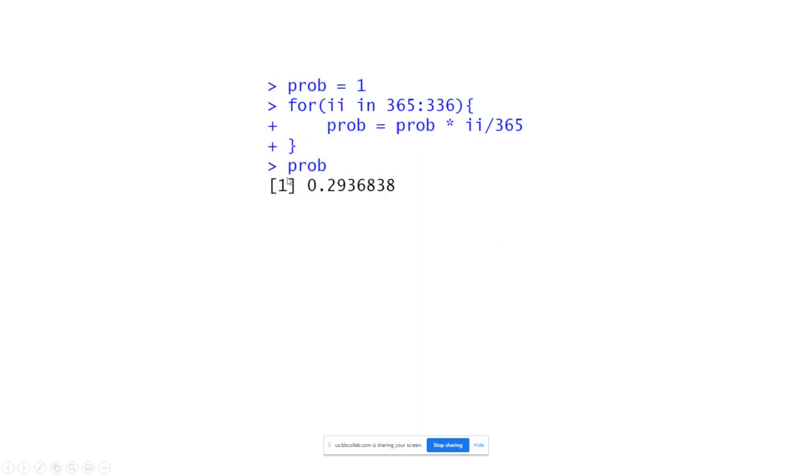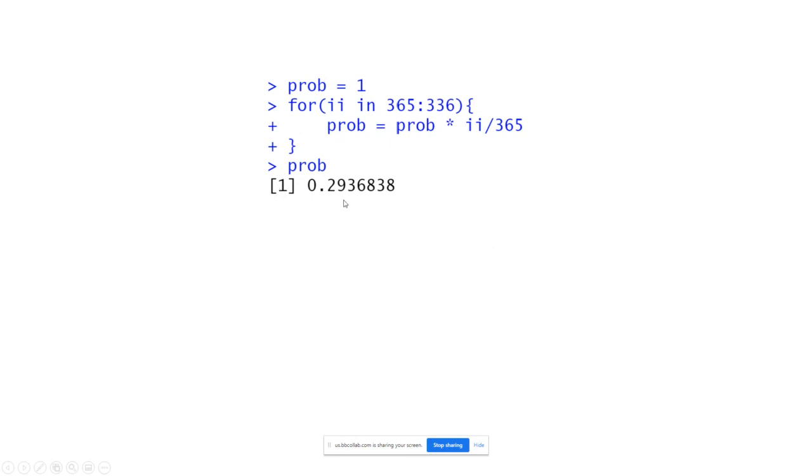All right, so I did this in R because these numbers end up being pretty big for the numerator and the denominator. Here's what I did. Started with prob equal to 1. And then for each number from 365 down to 336, multiply the probability by that number, so 365 over 365 times 364 divided by 365, and so on.